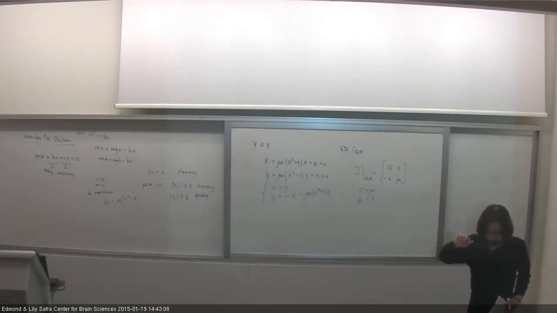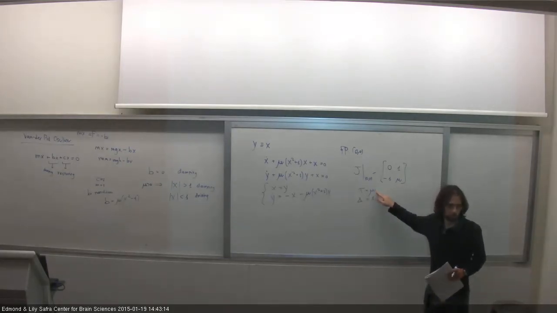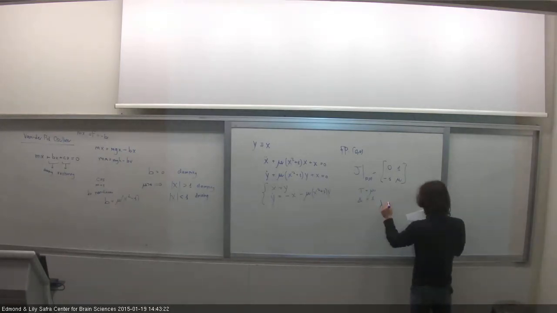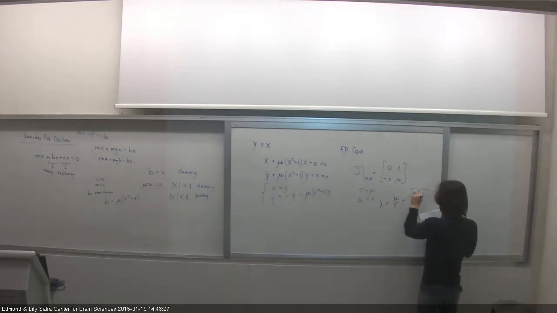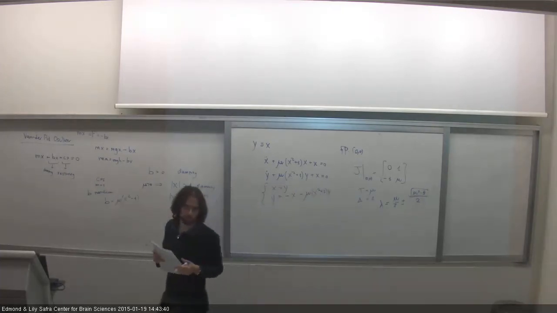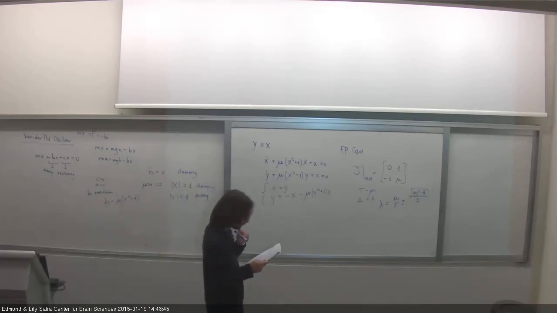And the value of mu would also determine whether this is a spiral or not. As you can see here, lambda is mu over 2 plus minus the square root of mu squared minus 4, over 2. So if mu is smaller than 2 in absolute value, you'd have an oscillation.